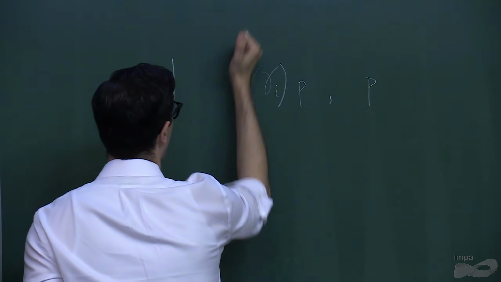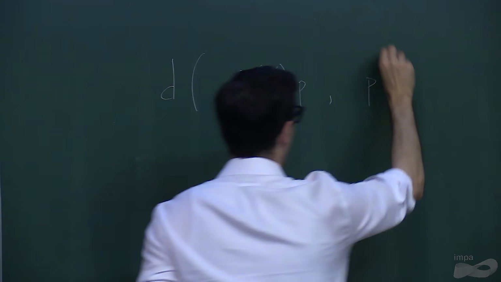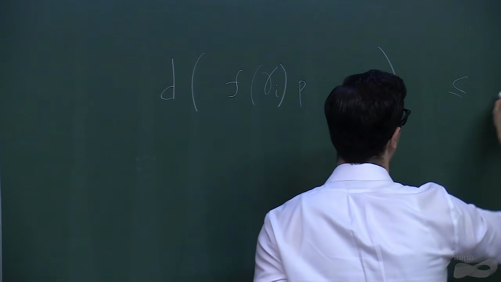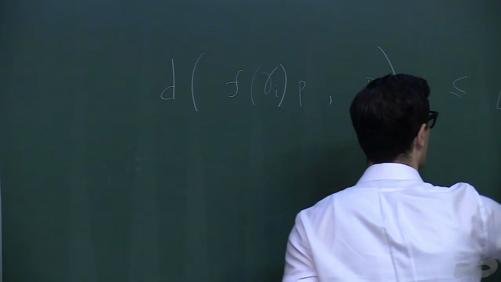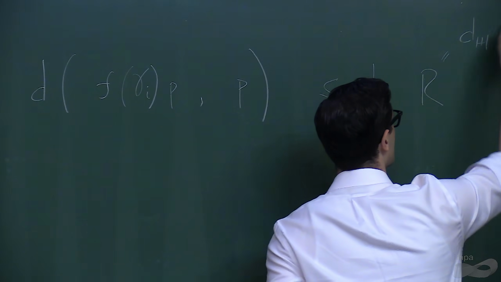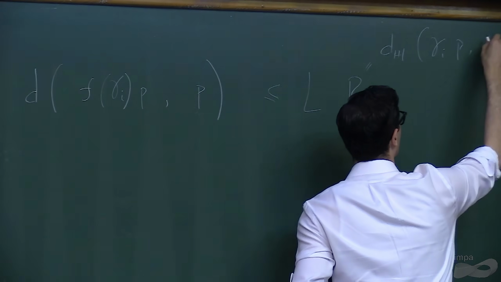So I think I used F, right? It's going to be something like L times R, where R was the hyperbolic distance of gamma_i of a point and the point.